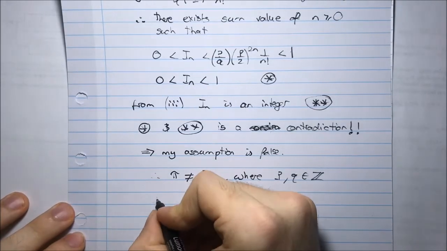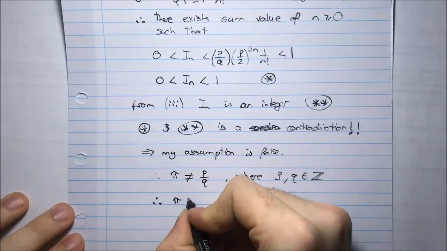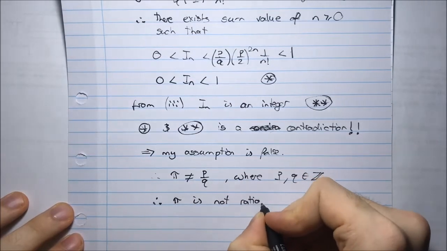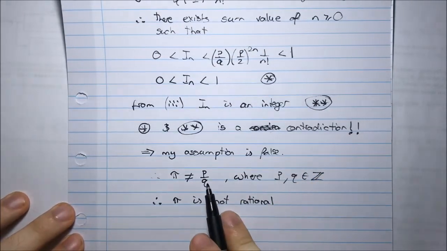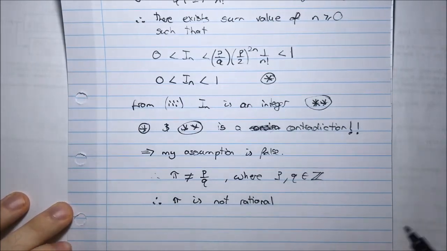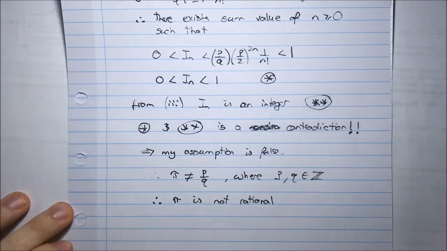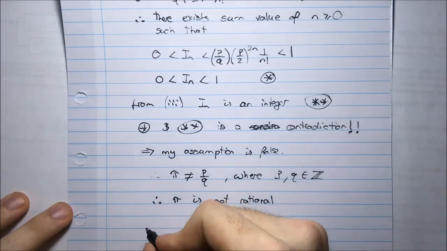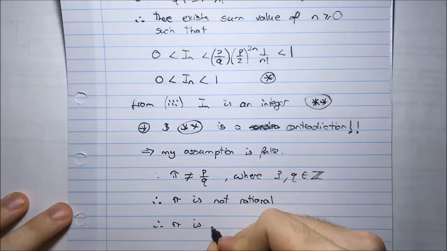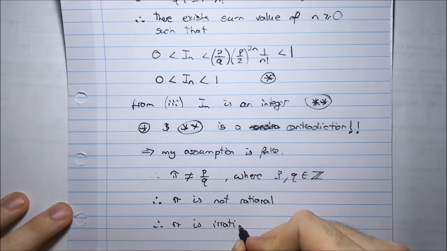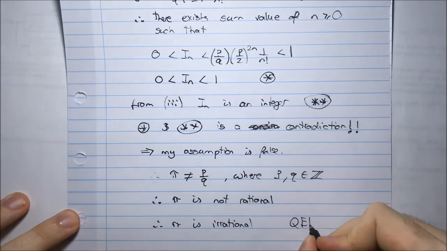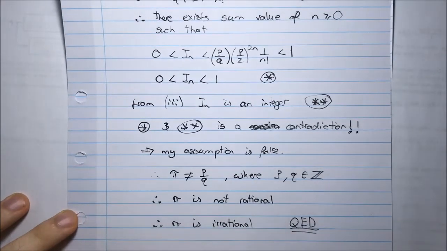Well, therefore, pi is not rational. Pi is not a rational number, because every rational number can be written in the form of p on q, where p and q are integers, and in fact p and q can't have any common factors. So if pi is not rational, that means that pi is irrational. All right? And I have shown what I need to show.